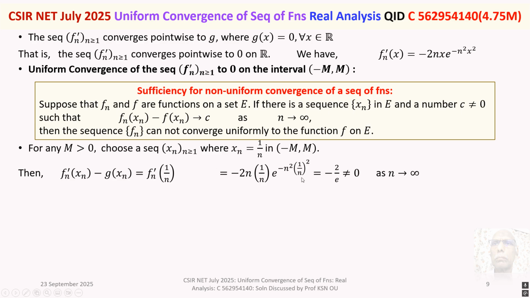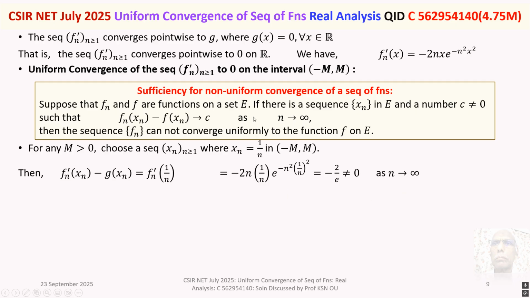Simplify, and this will be minus 2 by e as n tends to infinity. The 1 and n cancel, and this will be minus 2 by e, which is not equal to 0. So there is a c not equal to 0 such that this happens.